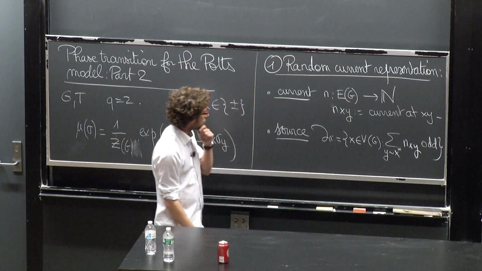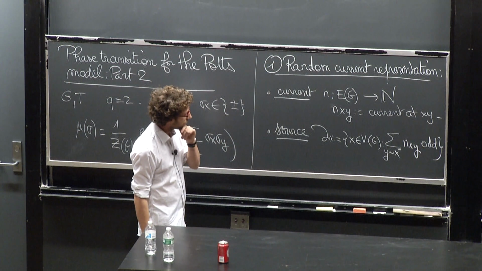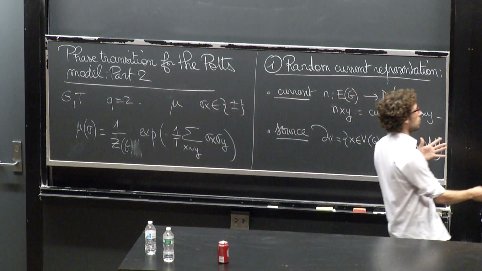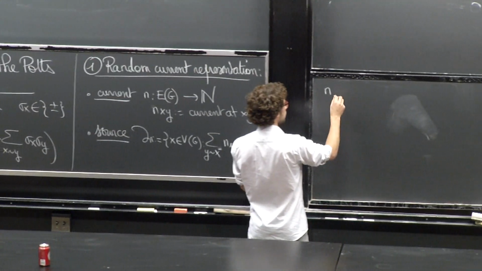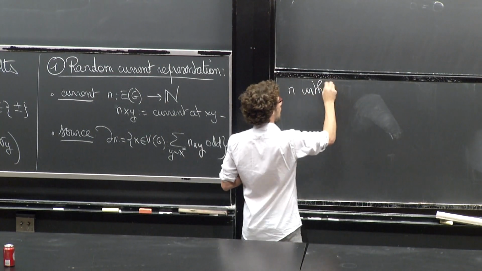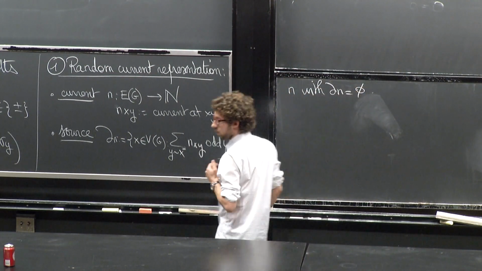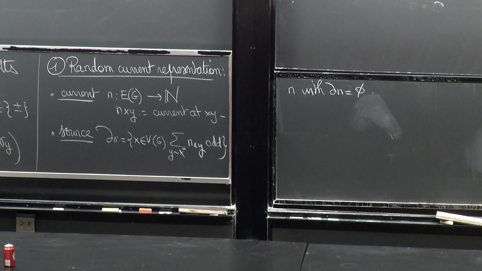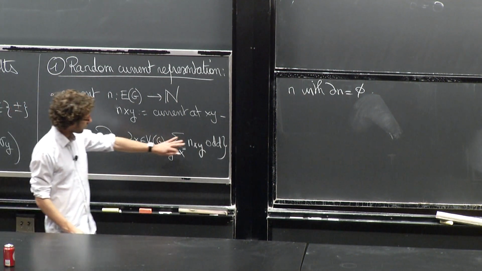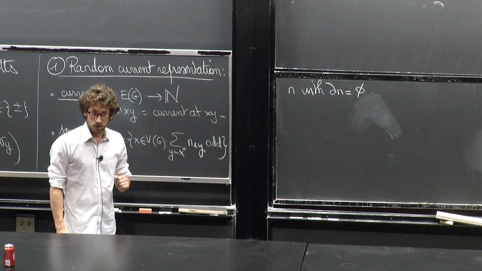The reason why you call these currents and these sources is the following. Let's take for a moment a current n which doesn't have sources, so at every vertex you have an even sum. How can you create a current without sources?